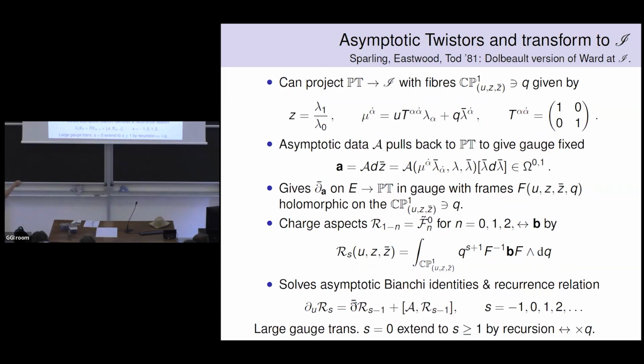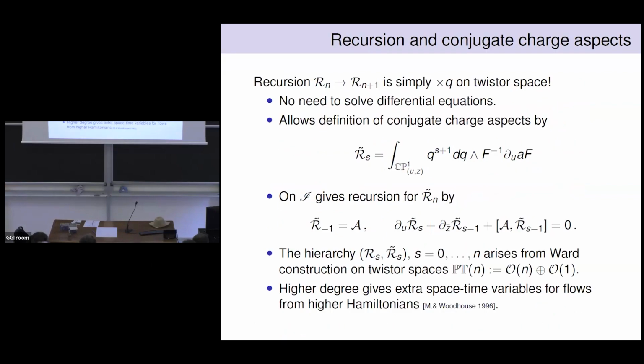And then you would also have to turn this expression here into something, you'd have to break up the Xi into functions of U and Q. And I realize what I forgot to say here is that you can use the recursion operator to get the conjugate charge aspects coming from the symmetries of the B. So these now are the conjugate R tildes. They start on the A, and they also satisfy recursion relations, and that follows in a very similar way.